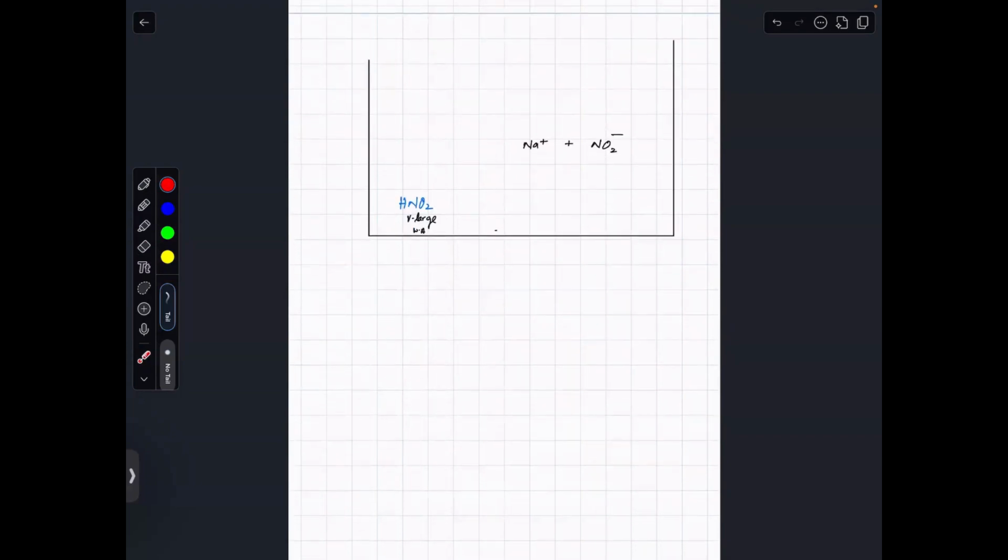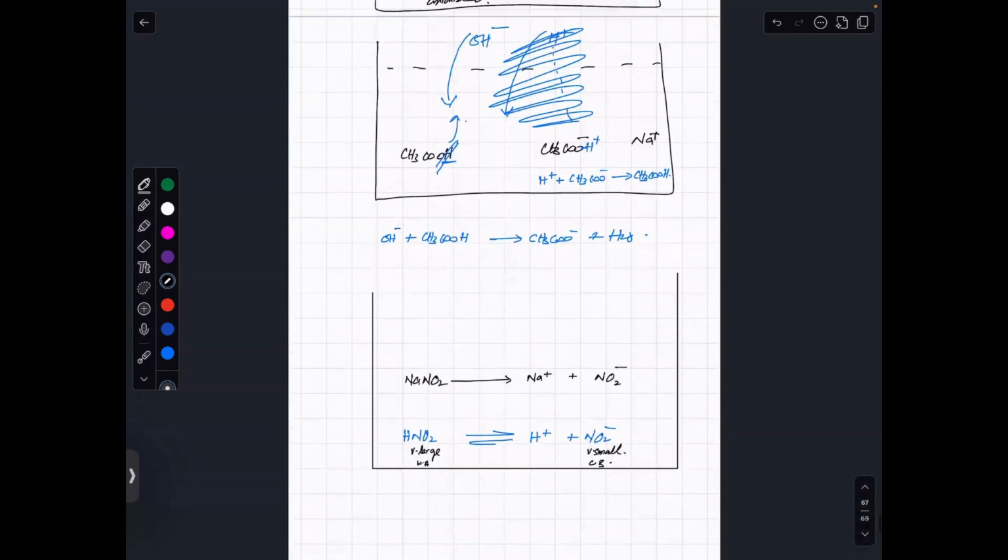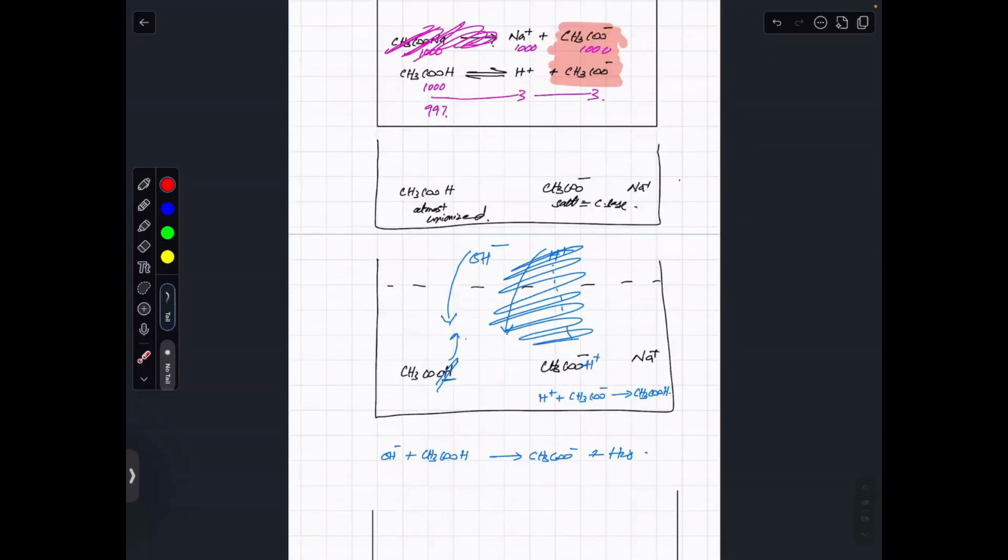So in the beaker, what is present? The acid is almost unionized. And the NO2 negative is coming from the salt. And Na plus also. Na plus is spectator. Na plus is spectator in the upper one too. See?